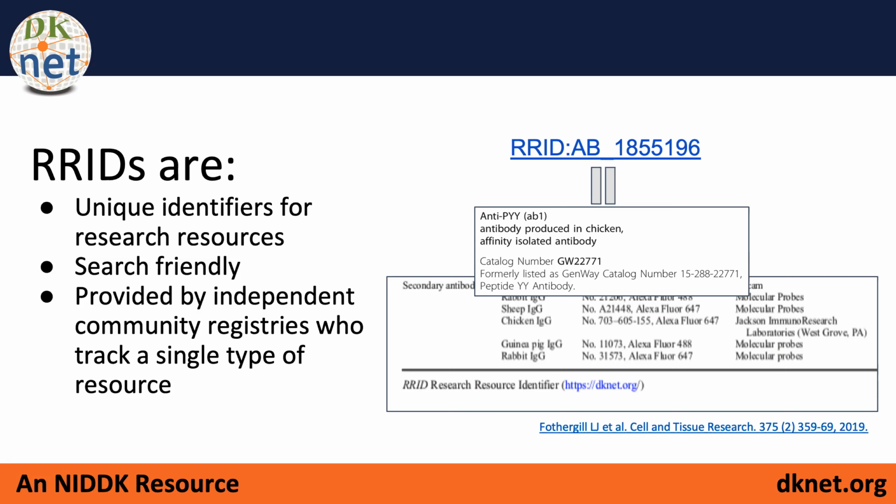So for example, in the case of antibodies, the example on the right, there's the Antibody Registry, which provides identifiers for millions of different antibodies that are used in the literature, and you can use these to track down specifically the vendor's information on that antibody.